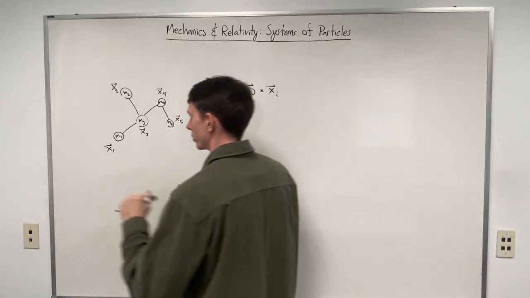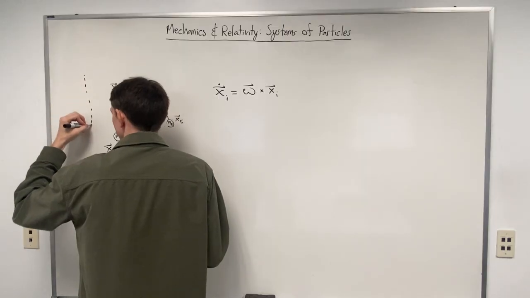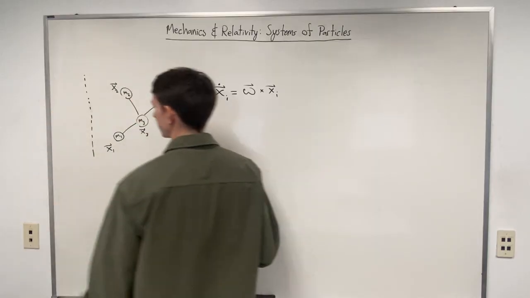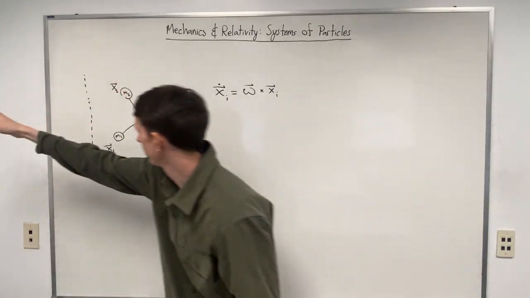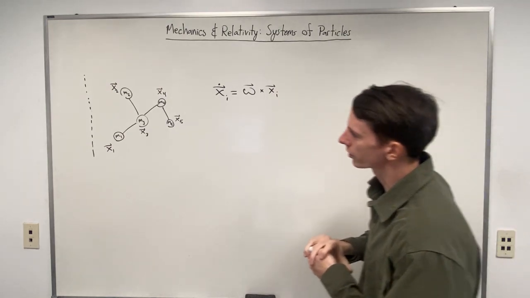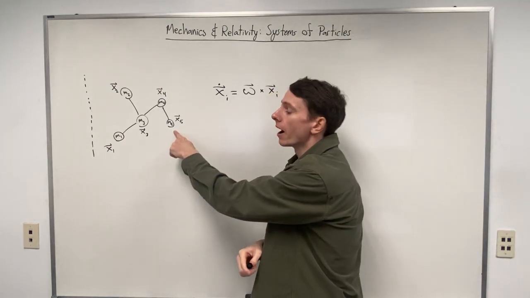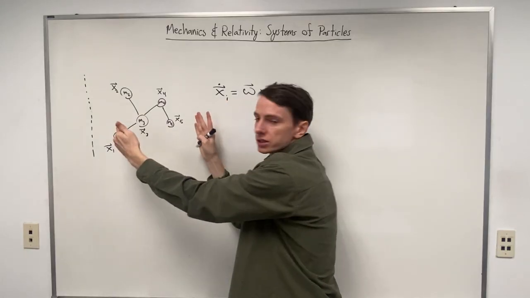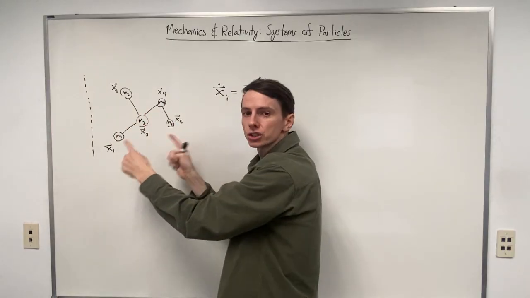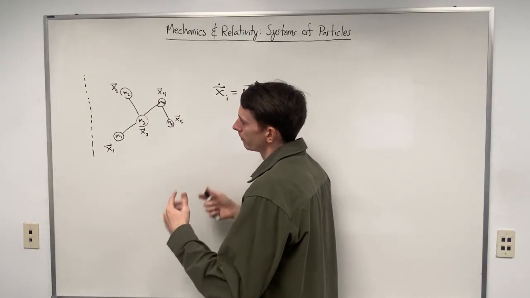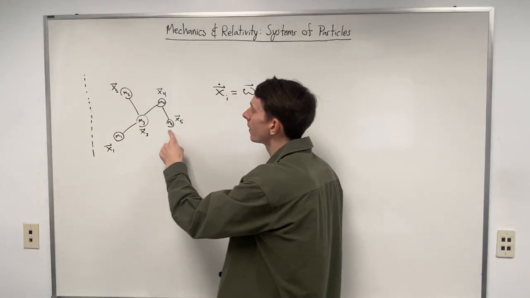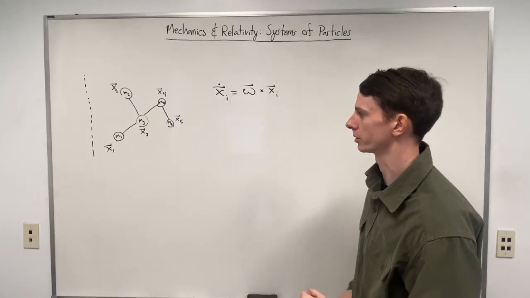Let's try to understand why that's the case. If I have an axis of rotation right here, a straight line, and my rigid body is rotating about this axis, then whether I'm talking about particle 1 or particle 5, if the rigid body starts here and makes a full rotation and gets back to its starting point, then by the time M1 gets back to its starting point, M5 also needs to get back to its same starting point.